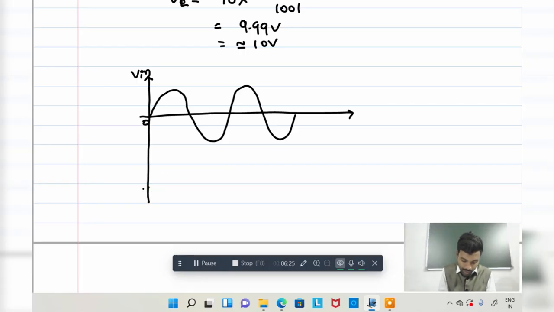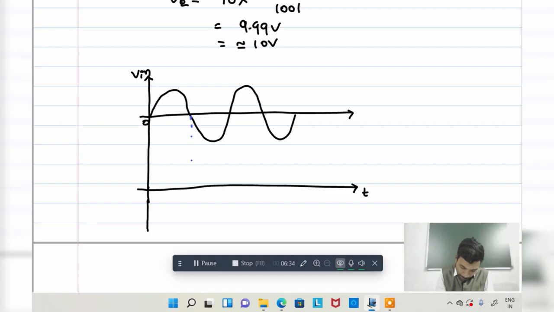Next, I want the output waveform. In the positive half cycle, it conducts up to here and is then clipped.